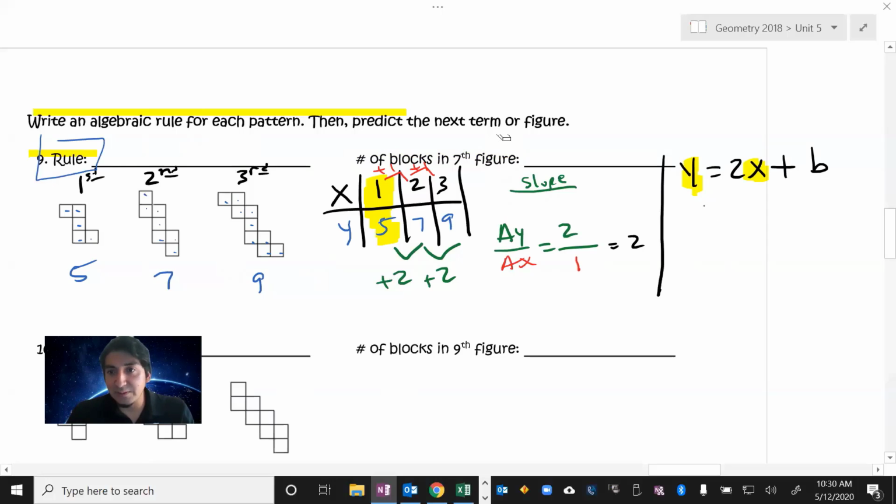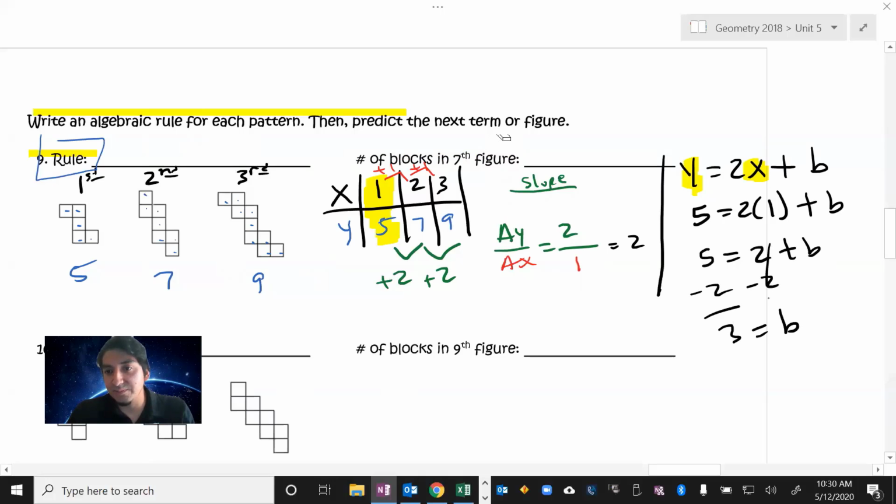So you have y, which is going to be 5, equals 2 times x, which is going to be 1, plus b. So 2 times 1, which is 2. And then minus 2 on both sides, and that's going to be b is equal to 3. So the equation that you have is y is equal to 2x plus 3. So that's the rule. That's the one we're going to follow.